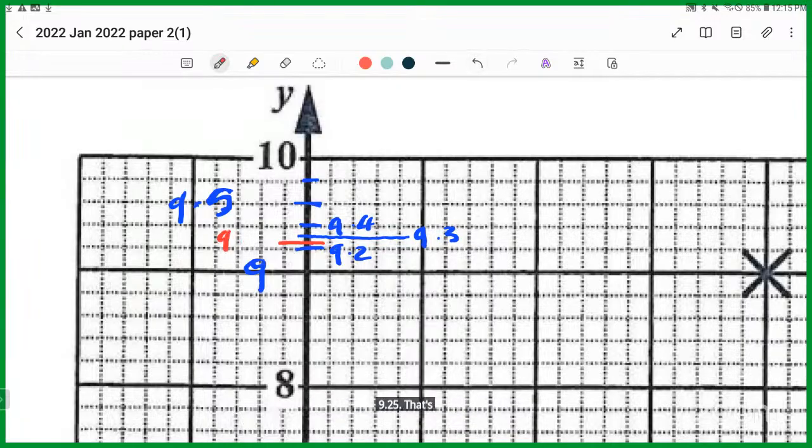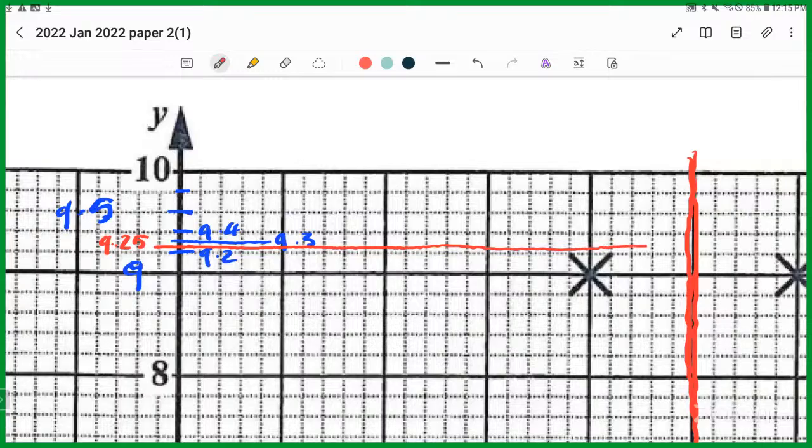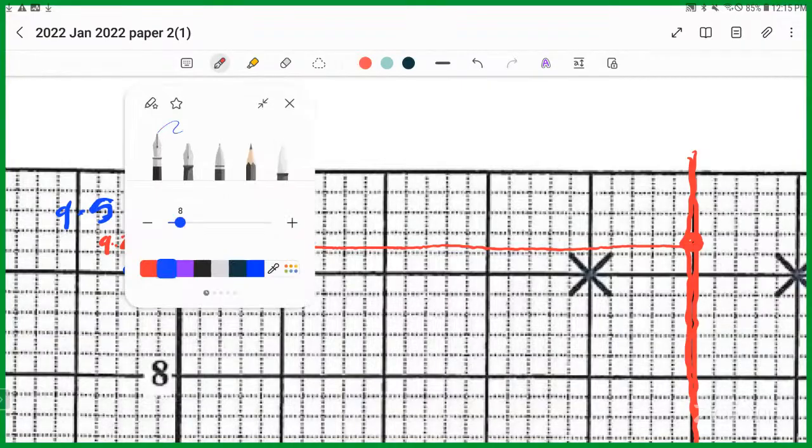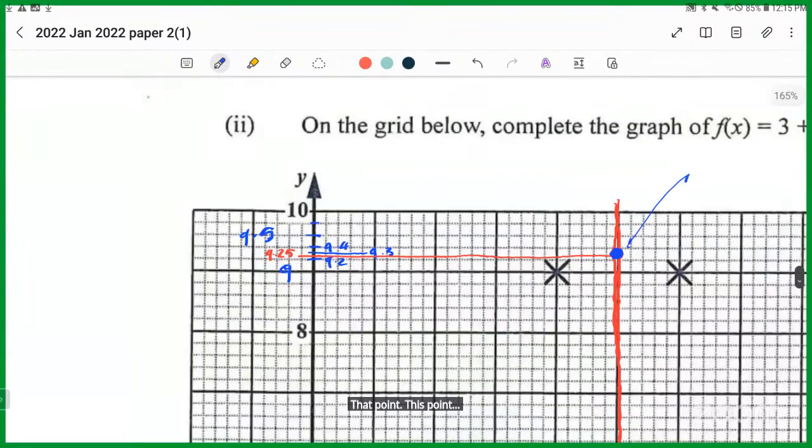That's where the maximum is. So this point right here, in blue, is your maximum turning point: 2.5, 9.25. If you use xt and yt and calculate it, you're going to get the same values, if you want to try it.